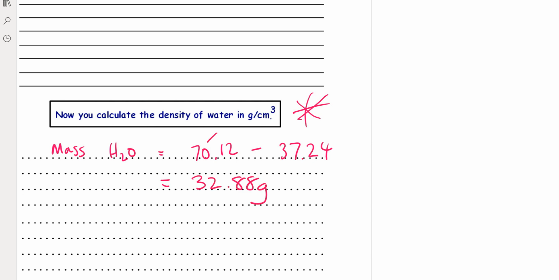Remember, this value was the measuring cylinder plus the water. This was the empty measuring cylinder. So if you take them away, you work out the mass of the water.